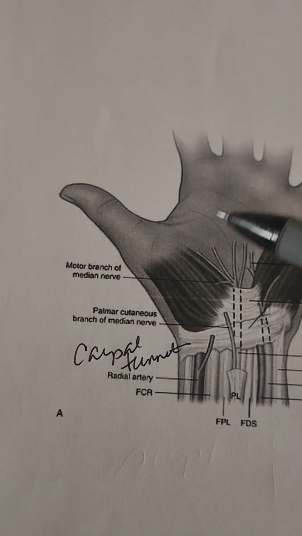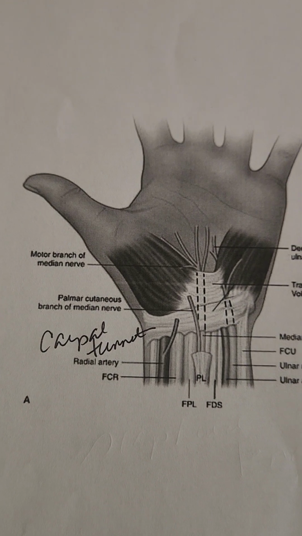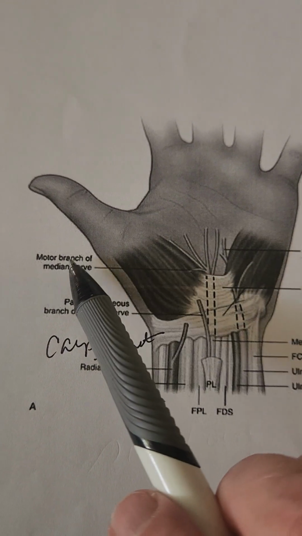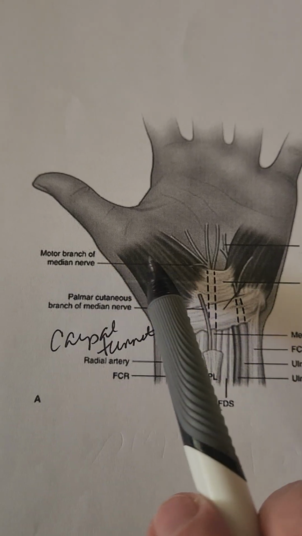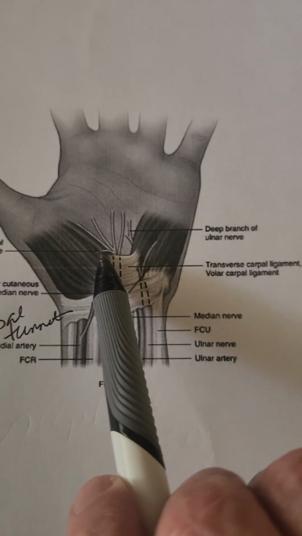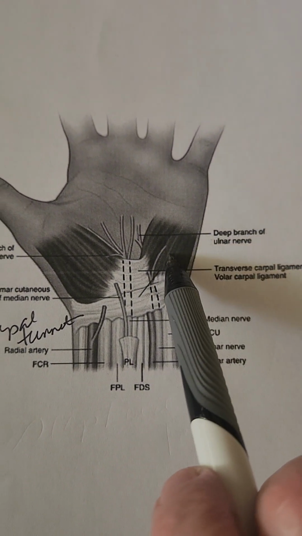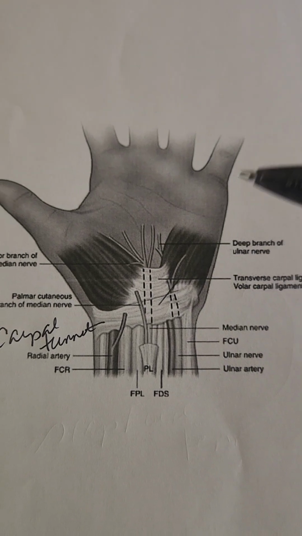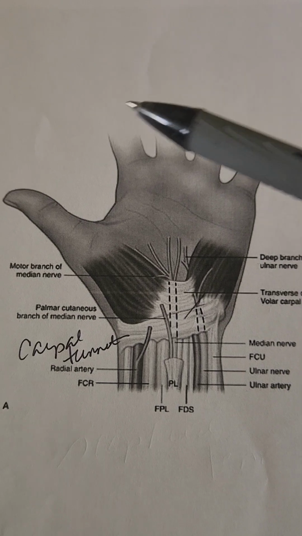Now you have a nerve. We talked about the nerves in the forearm and all the way up to the shoulder. This is called the motor branch of the median nerve right here. Deep branch of the ulnar nerve. Remember, I say every week that we've been doing the upper extremity.